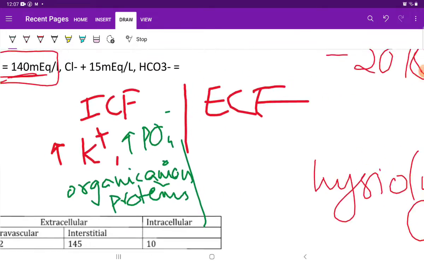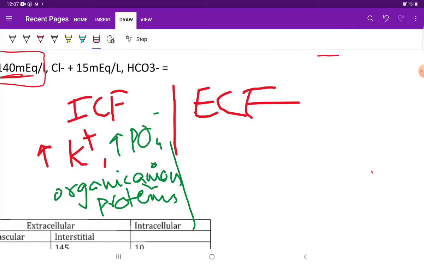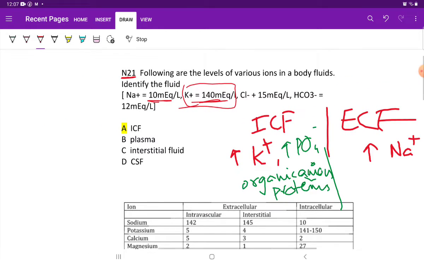But in case of ECF, you can just keep it in mind, a higher concentration of sodium is present and a higher concentration of chloride is present. So just by knowing that fact, you can give the answer ICF.